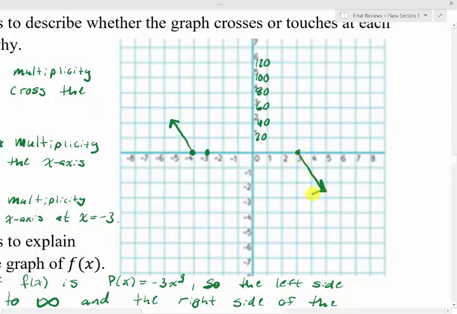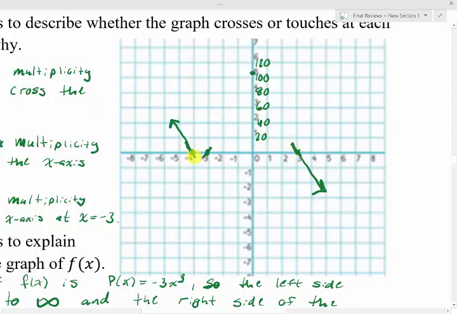And we need to graph our y-intercept, which will be right about here. So starting at negative 4, we know that we're going to be crossing the x-axis. And we're going to be crossing the x-axis at negative 3 as well. And we're going to be crossing the x-axis at positive 3.